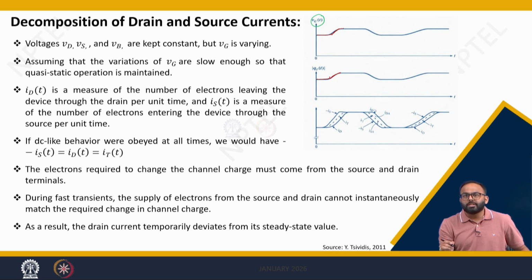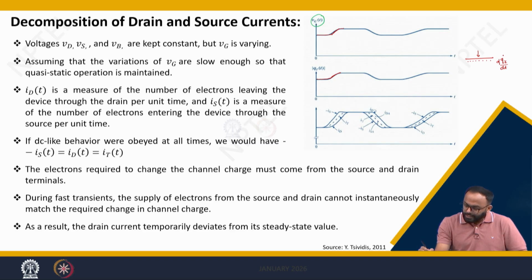If the inversion charge increases, go back to your water analogy: you are increasing the gate voltage, the inversion charge is increasing, or it should increase, then the question is from where are these extra electrons coming to increase this delta Qi per unit time. We are talking about a very small fraction of time, right, that is what quasi-static is.